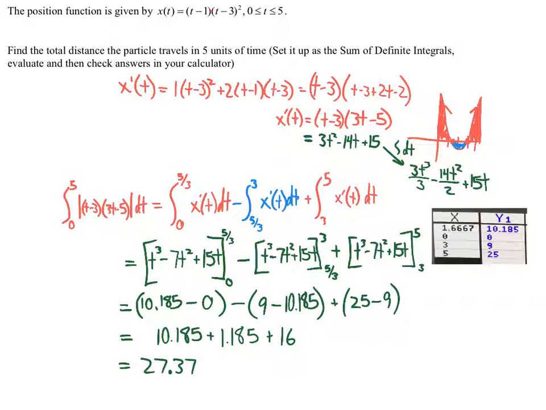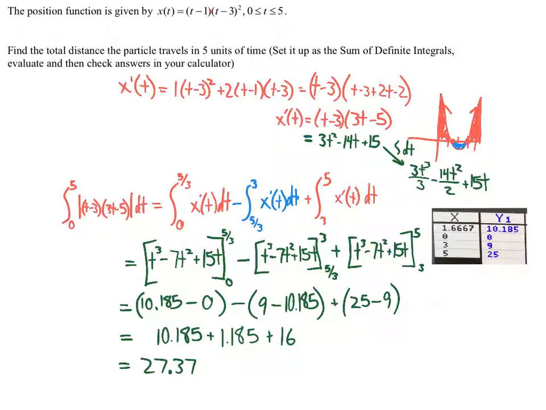So if we were starting at 0, and we found the first turning point was at 5/3, we'd say, okay, what was our displacement at 5/3? Then we would figure out, okay, where was our next turning point? Well, it was after 3 seconds. So what was our displacement there? And we would have to use that to calculate the distance.